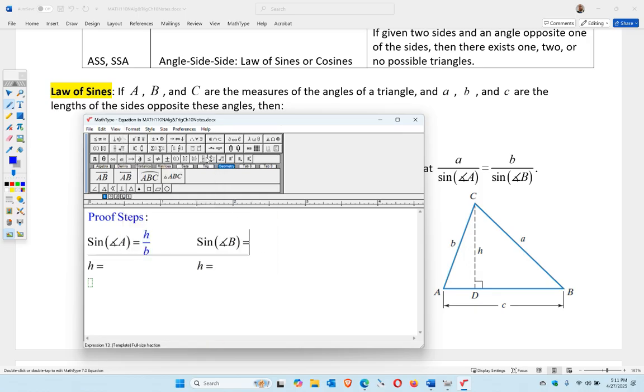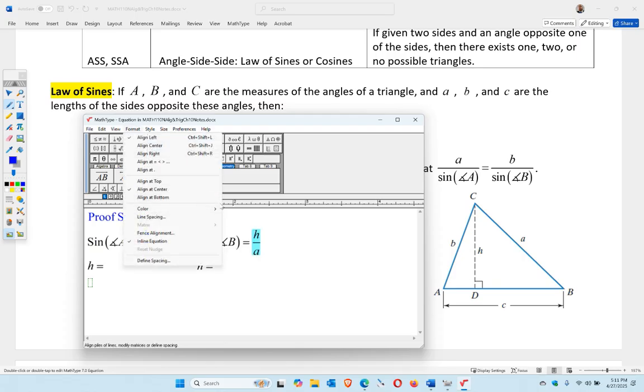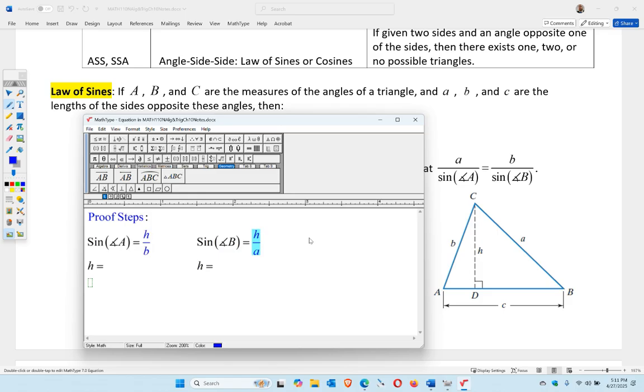If I look at the sine of angle B, that's H over A, because if I look at B, that's the opposite, and A is the hypotenuse of triangle 2, right?